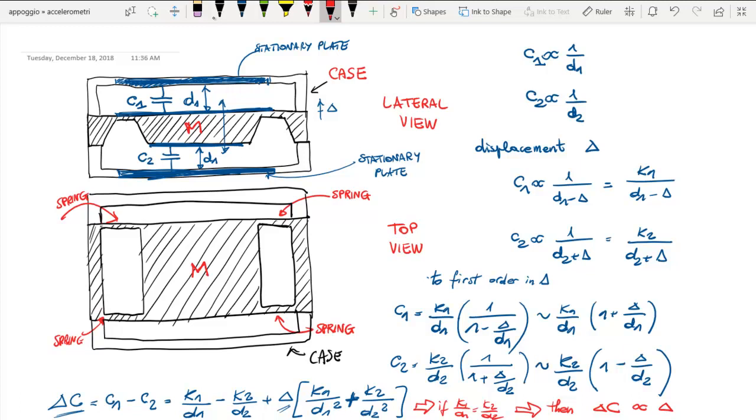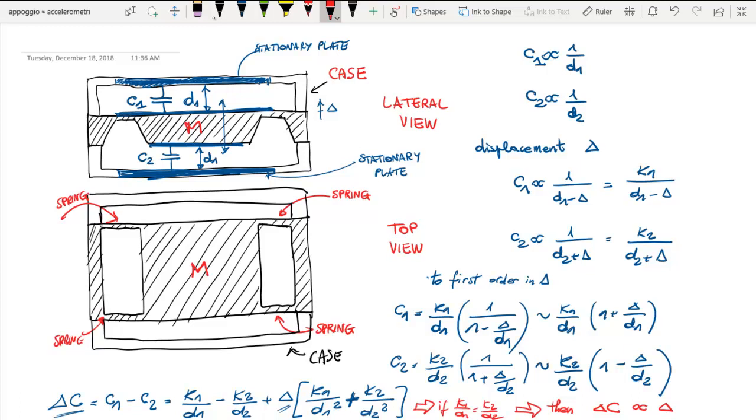Okay, so let us summarize what we have up to now. We have first translated an acceleration into a displacement, which is proportional to the acceleration if we do a low pass filtering. Then, by using this mechanism, we have translated the displacement into a difference between two capacitances.